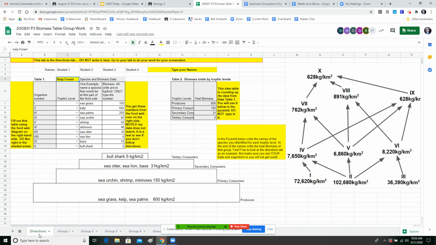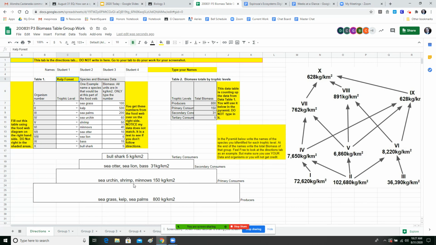But in the end, you need to go back and type in the names of the animals and the total biomass. See these biomass? I got them from here. My producers total was 800, so I put 800 kilograms per kilometer squared, and I put the names of my producers that I had right here in this table. My primary consumers total was 150, and these were my primary consumers, and I typed their names right here.